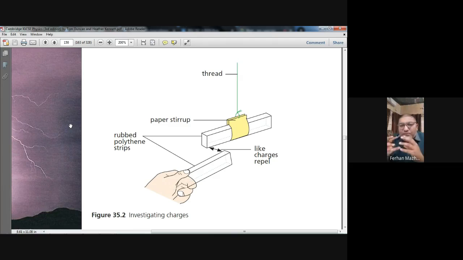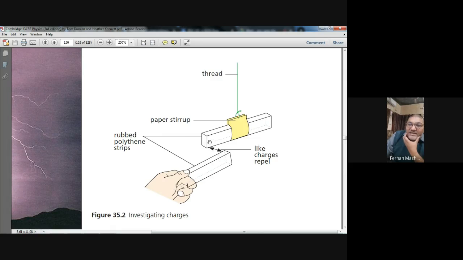You have taken a polythene rod, rubbed it with the cloth, tied a thread to it and hung it from a stand. Take another polythene rod, rub it with the cloth, hold it in your hand and bring it near this end.